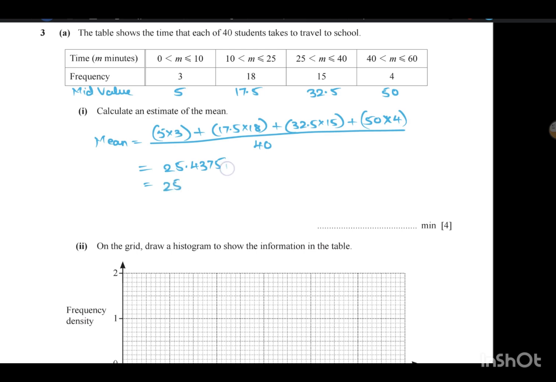That will be about 25 minutes. So 25.44 we can take, rounding to 2 decimal places. Question A is done.